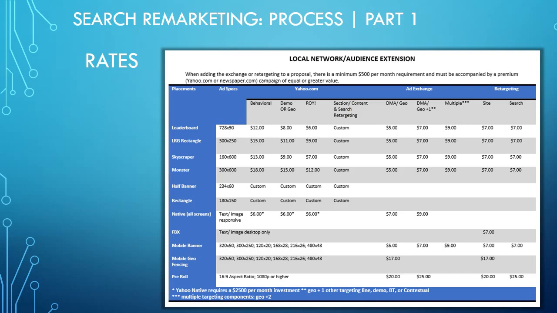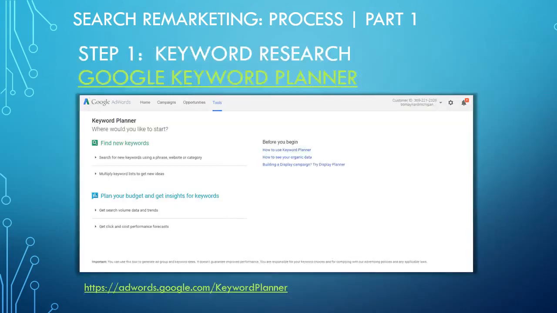Let's see if I can try to move forward here. So the keyword research, we're going to talk about the keyword research here in the Google Keyword Planner. I know that we had talked about this when we first had the digital coats of paint. One of our first ones was the recap that Lonnie had with keyword research, but we want to go over it a little bit more again to make sure that everyone is familiar with the process.